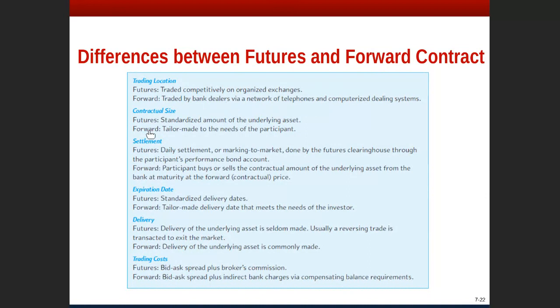Contractual size: for futures, it is standardized, and for forward, we made a point earlier that the size is tailor-made or customized. And you can read the rest here.